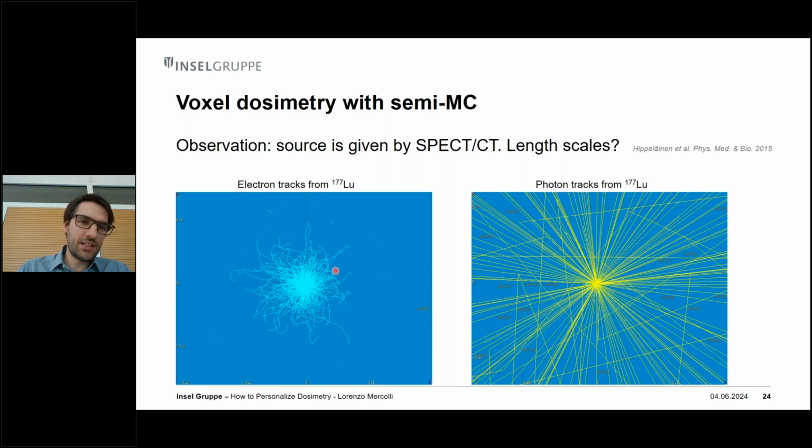So you see the electrons, they don't go very far. However, the photons go much, much further. The length scale is the same, so I hope you can see it. The squares are still 1 millimeter in size, but there are hardly any photons interacting within 1 or 2 millimeters around the source.